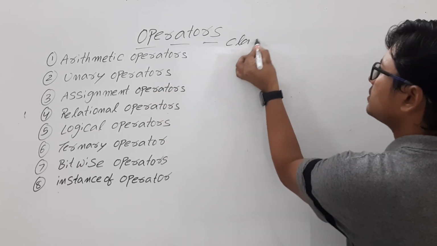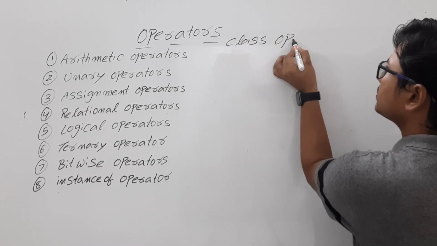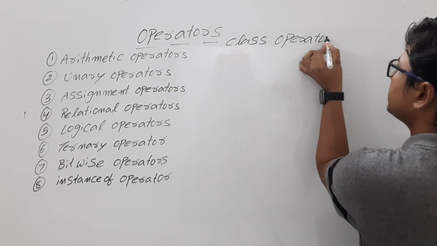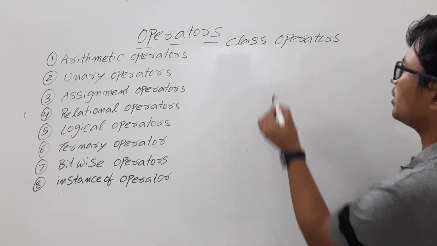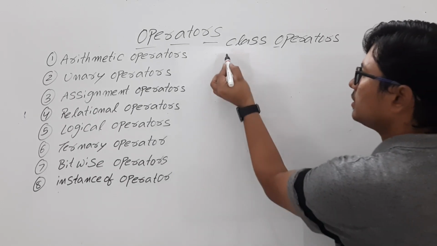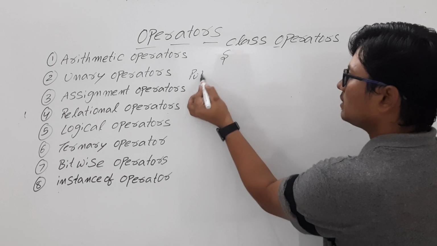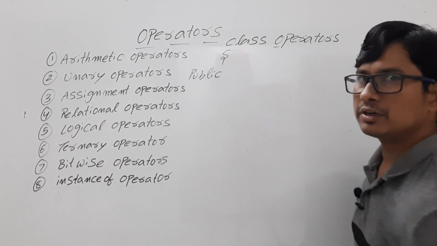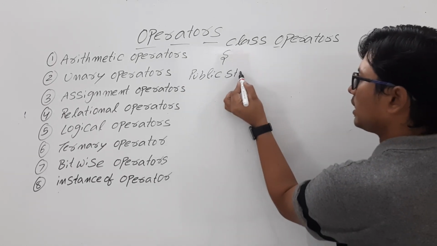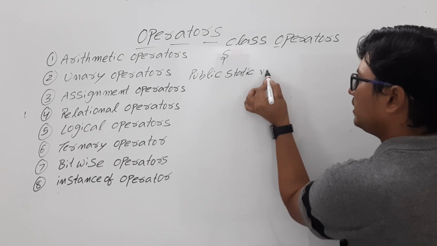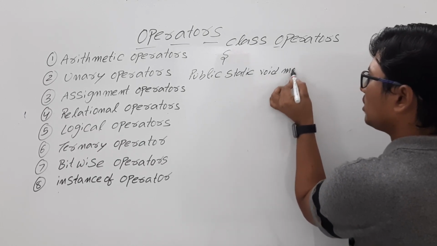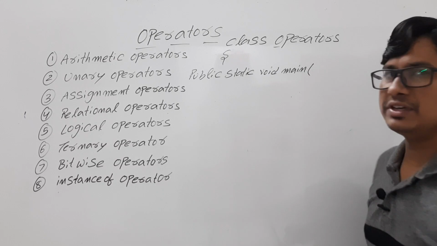Let me take a class. The class name I am taking is Operators, where O should be capital. Then I will write public static void main. Already I have discussed the meaning of each keyword.